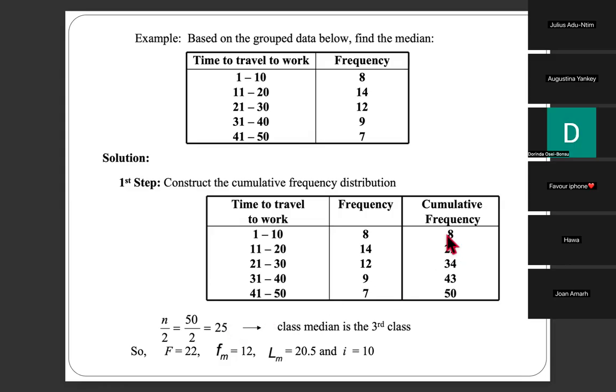So where can we find our 25th position? Our first 8 positions will be here, then our 22nd position will be here. Our 25th position will fall in this place, because the first 8 is here.